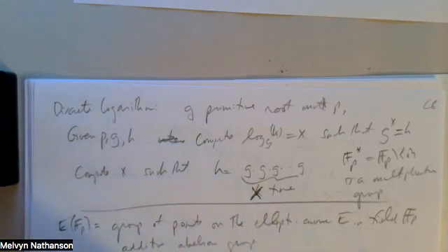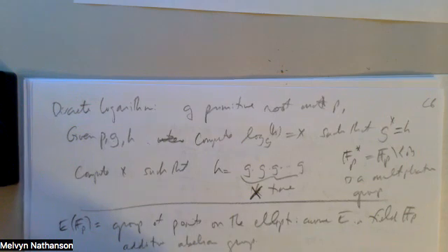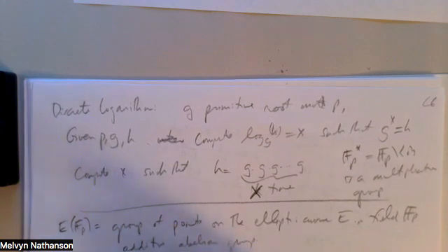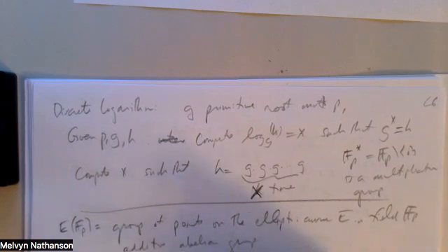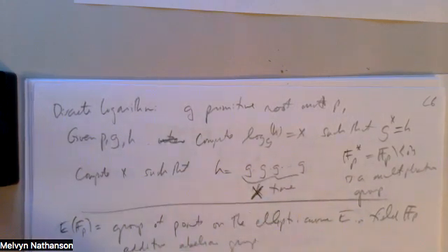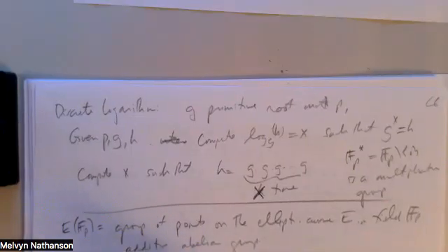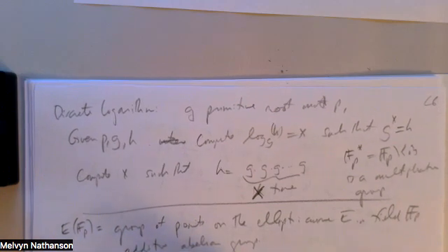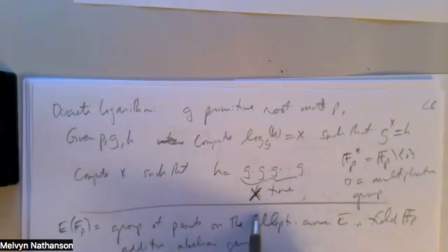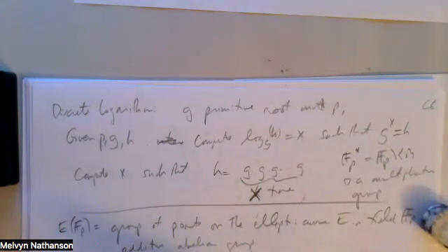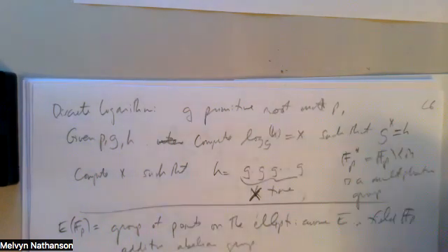And we can pose the question: given points P and Q in this group, compute X, a positive integer, such that if you add P to itself X times, you get Q. Adding P to itself X times, this is X times P. And maybe instead of using the letter X, I'll just use the letter N. Compute a positive integer N, so you add P to itself N times to get Q. What is N?